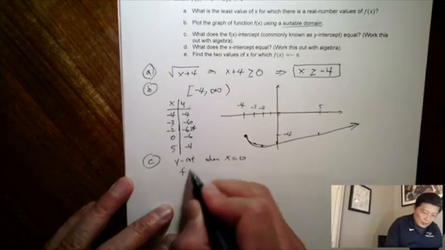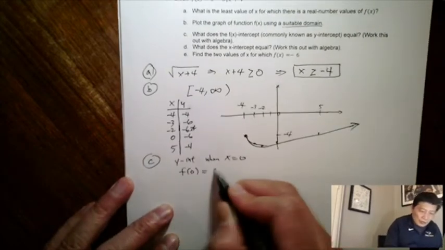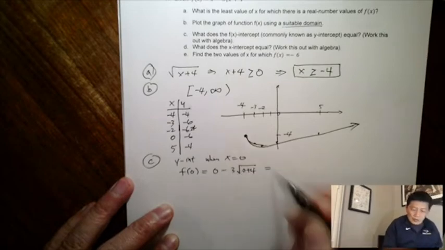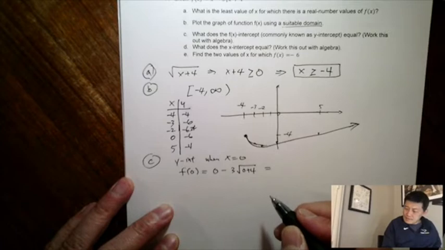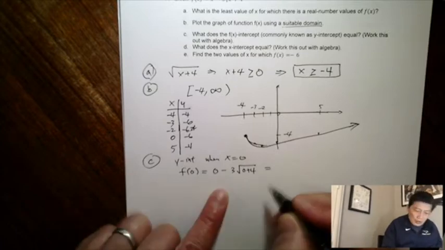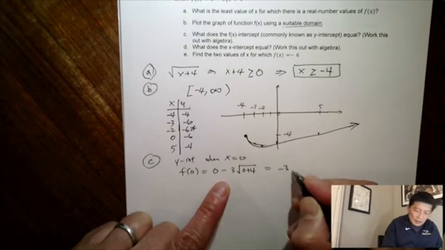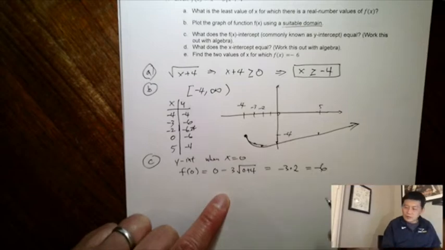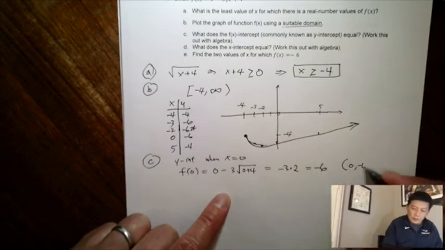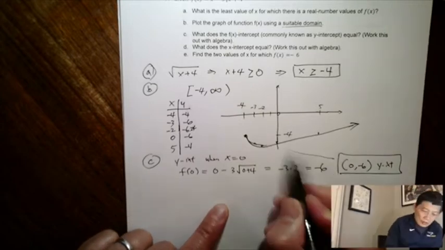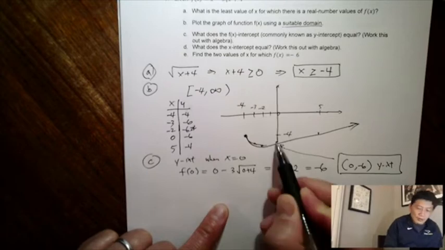So f of 0 is equal to 0 minus 3 times the square root of 0 plus 4. And so then you end up with negative 3 times 2, which is negative 6. So you end up with 0 and negative 6 as the y-intercept point, which is this point right here, negative 6.